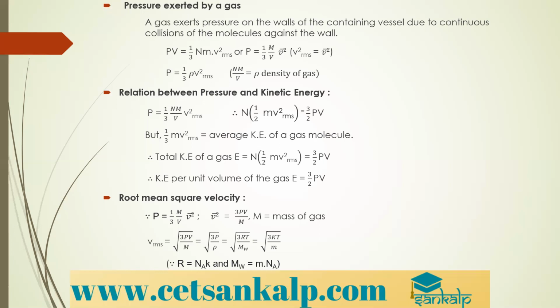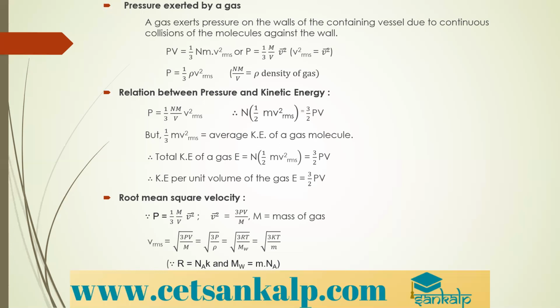Next, we have the relation between pressure and kinetic energy. So what is the expression? See here. Pressure is equal to 1 by 3 N into M divided by V into Vrms square. Here, N into half M Vrms square is equal to 3 by 2 into PV.